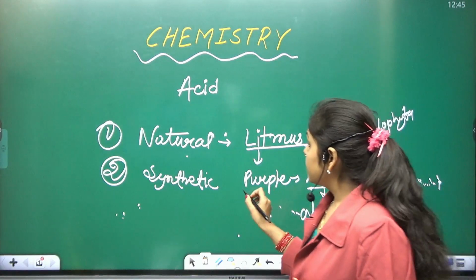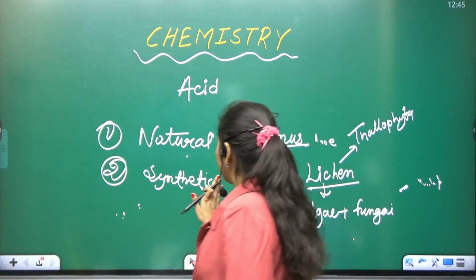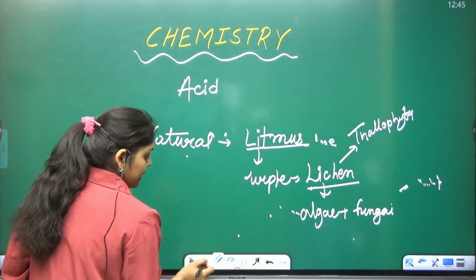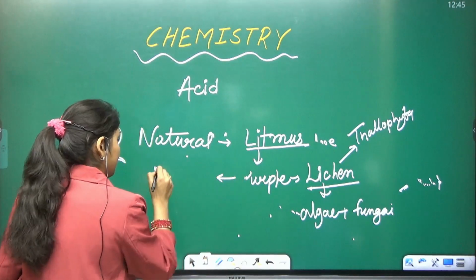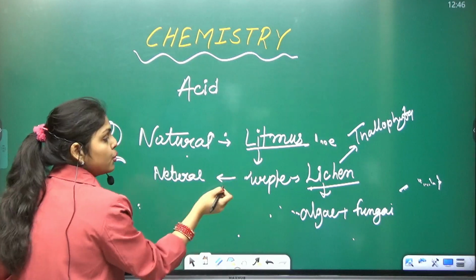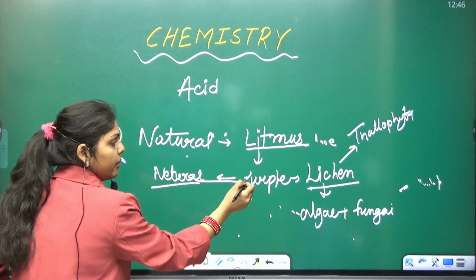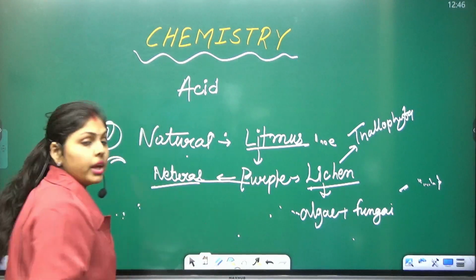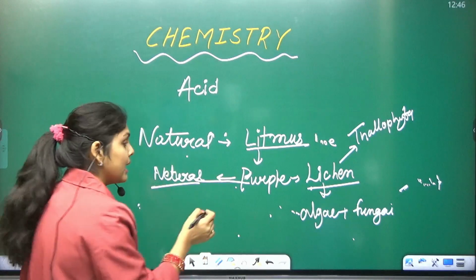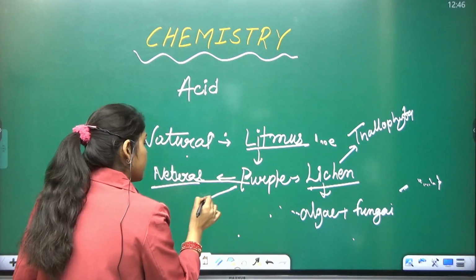When the litmus is neutral, it is purple in color. Now if we add a substance which is an acid, its purple color is converted into red.